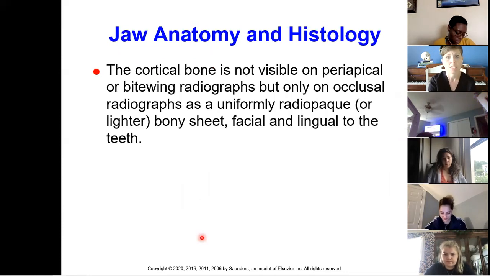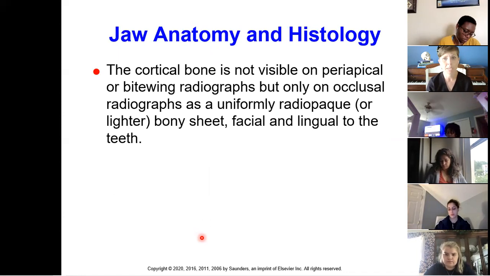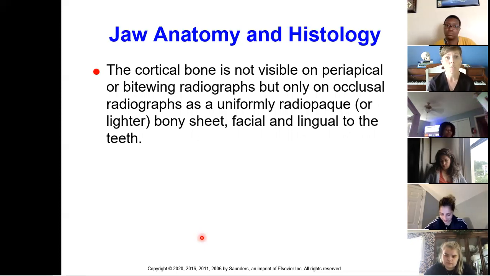Cortical bone is not visible on a periapical or a bite wing because it's two-dimensional. If you took a CT scan, you could see it, but on a radiograph it looks like a bony sheet. So it's uniformly radio-opaque on the facial and lingual of the teeth.